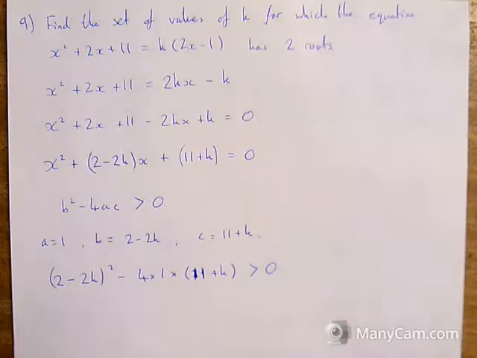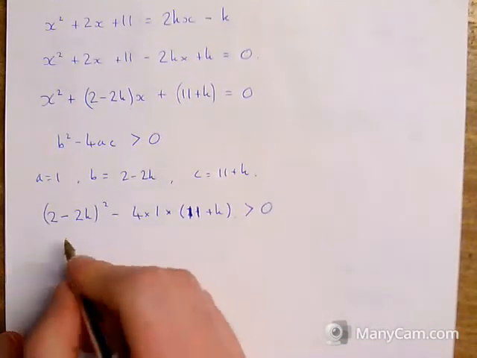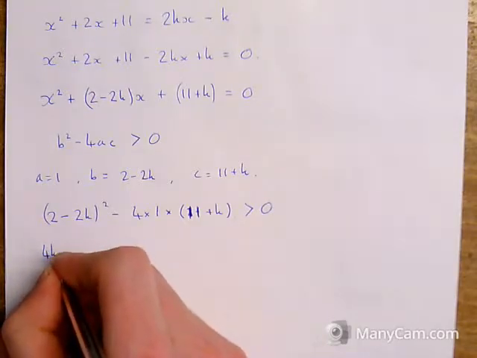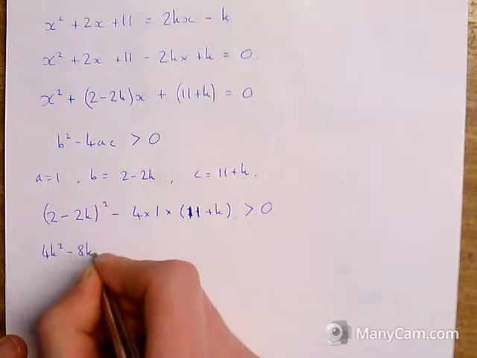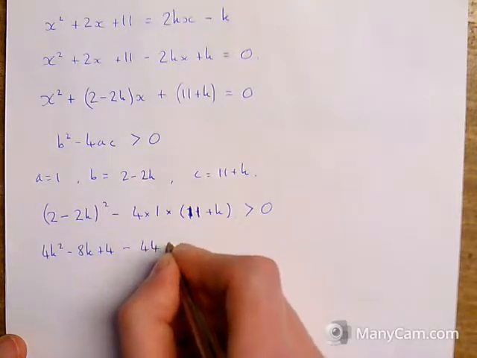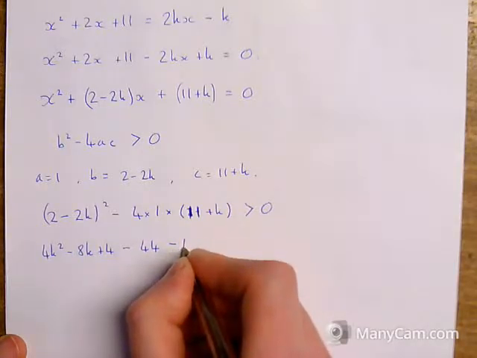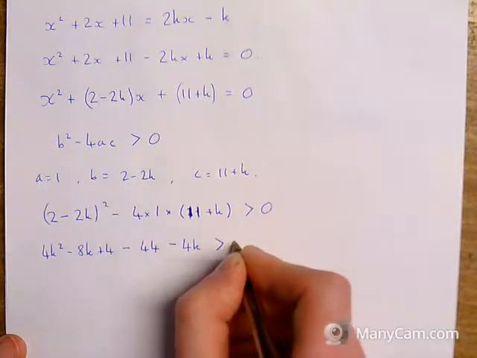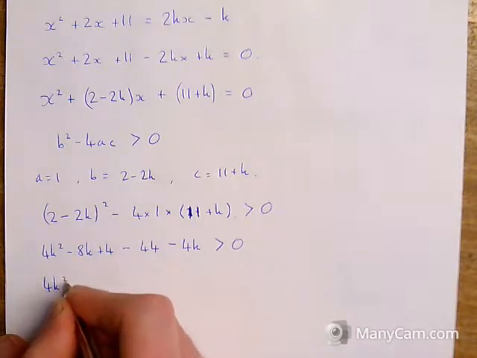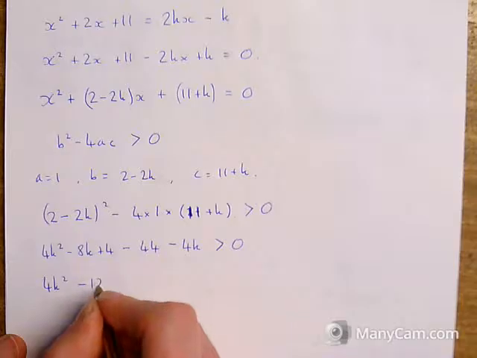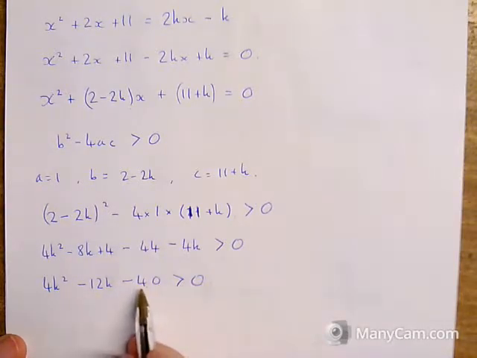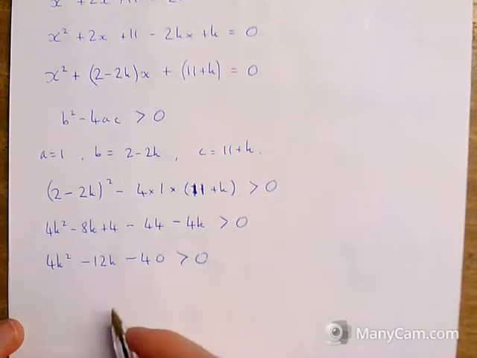Going through expanding that and solving it, expanding all of the brackets out once, I'd end up with 4k squared minus 8k plus 4, take away 44 and minus 4k, which is greater than 0. Then collecting any like terms, we end up with 4k squared minus 12k minus 40 being greater than 0. And then I need to factorise that quadratic.